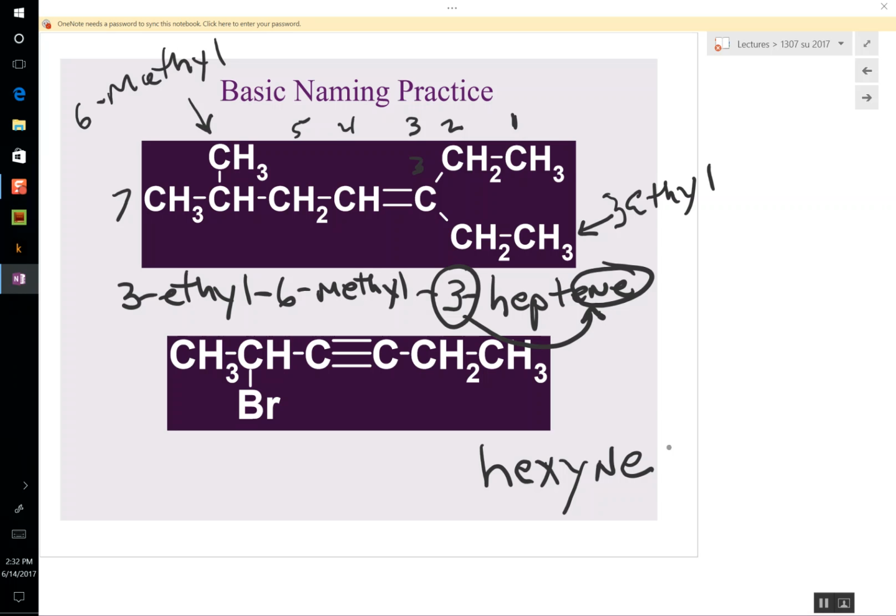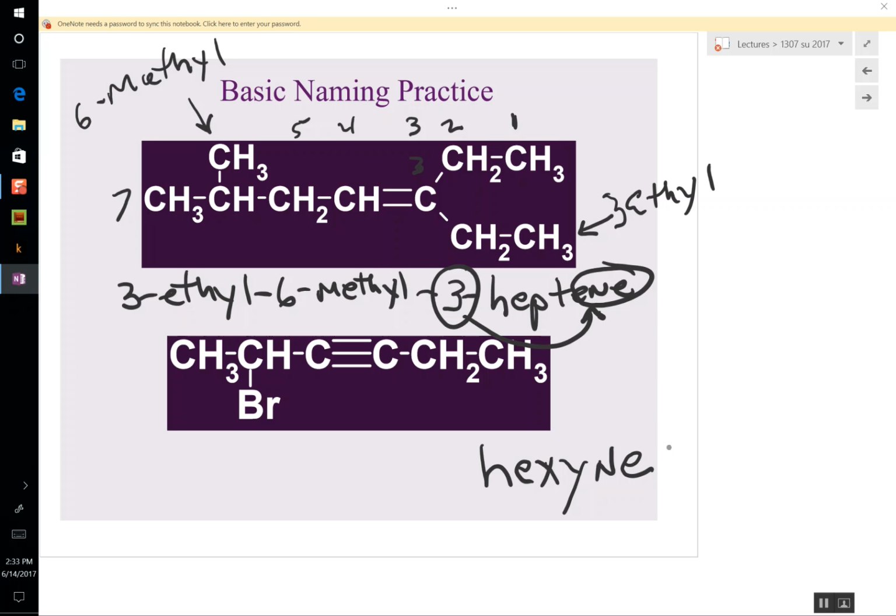Notice I could say 1, 2, 3. Oh, it starts on number 3. I could say 1, 2, 3. Oh, it starts on number 3. Doesn't matter whether I aim it here or there. But we've got this right here. Just like up there, just because we got to it on the 2nd carbon, we didn't call that number 1. We called this number 1 because it got us there faster.